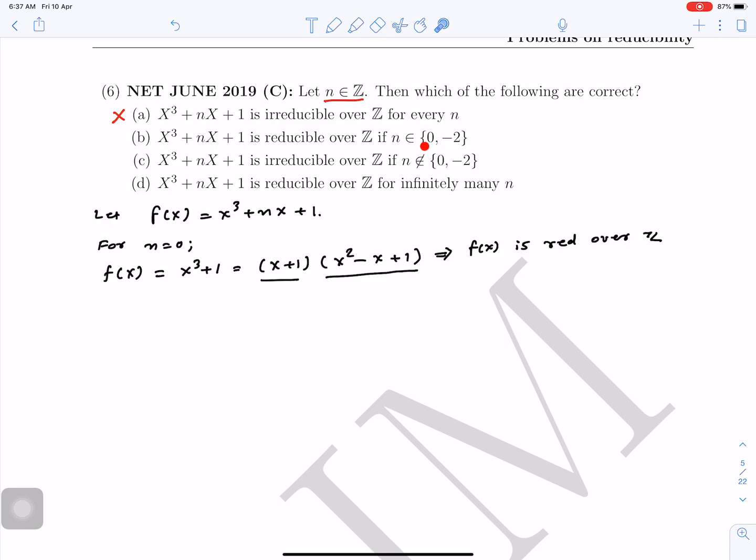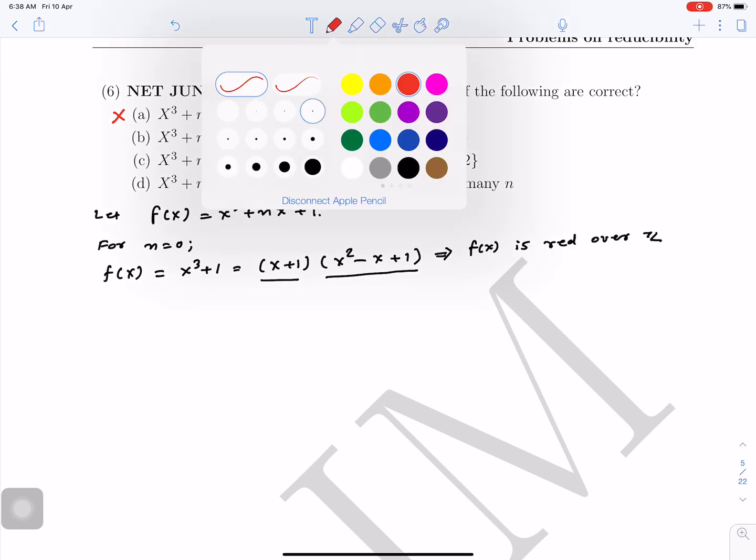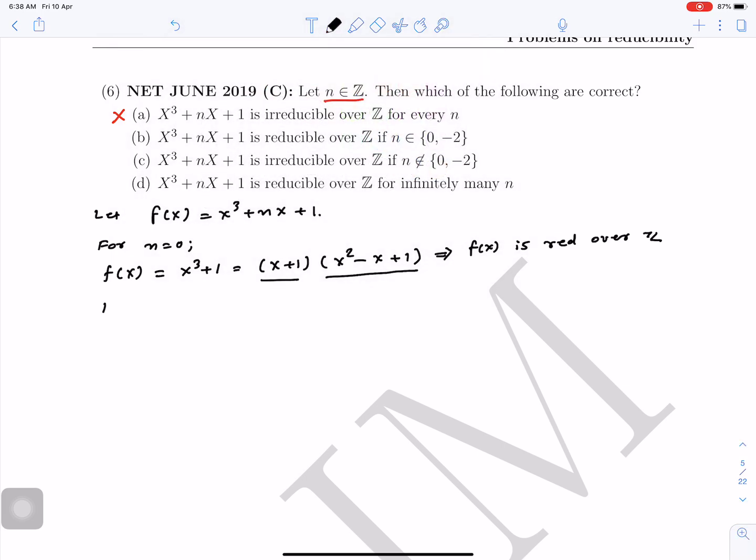For n equal to 0 we have already proved that f(x) is reducible over Z. Now let us check n equal to minus 2. So f(x) is x cube minus 2x plus 1.